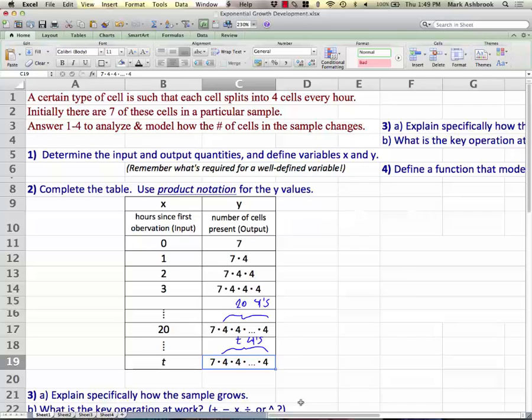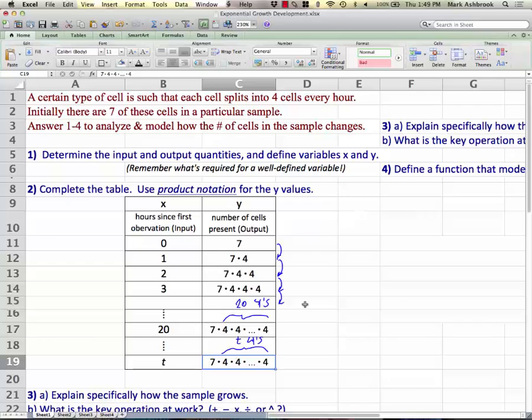Awesome. It starts at 7, and then each hour it splits, or each of the 7 cells splits into 4 new cells. Okay, so now summarize that mathematically. What's happening? That's just the way it was described. But mathematically, how is the number of cells growing? So we're looking at what is happening every hour. 7 times 4 to the power of 2.